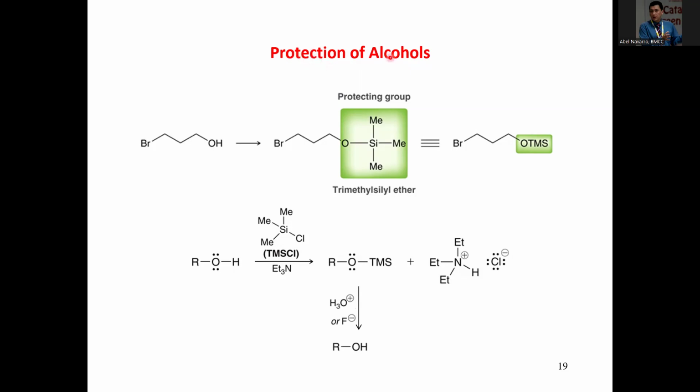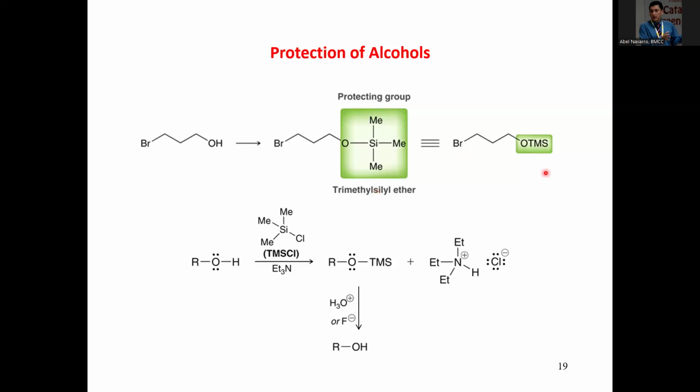In this case, for alcohols, the protecting group is trimethylsilyl ether, like TMS. We call it TMS. It's not the TMS from NMR. Remember, in NMR we have an internal standard which was called TMS, but that TMS was the abbreviation of tetramethylsilane.